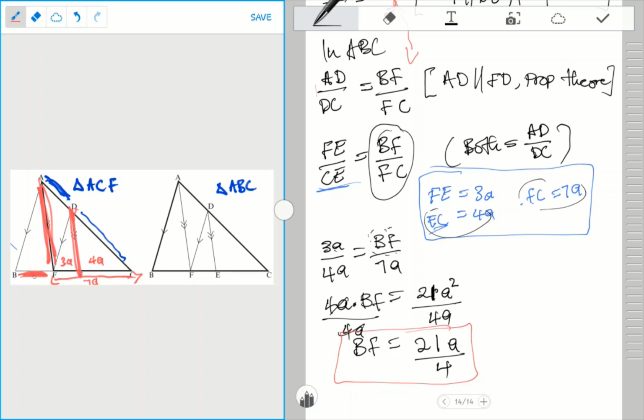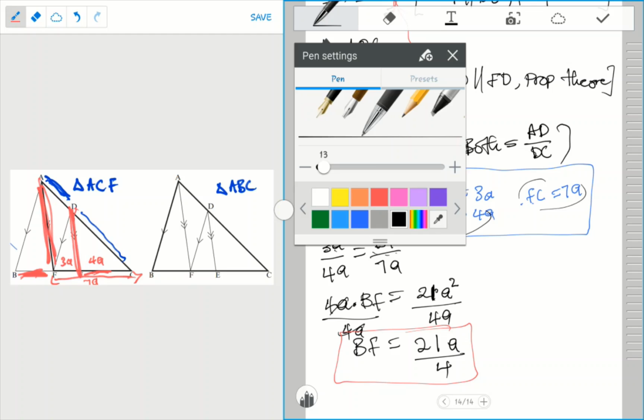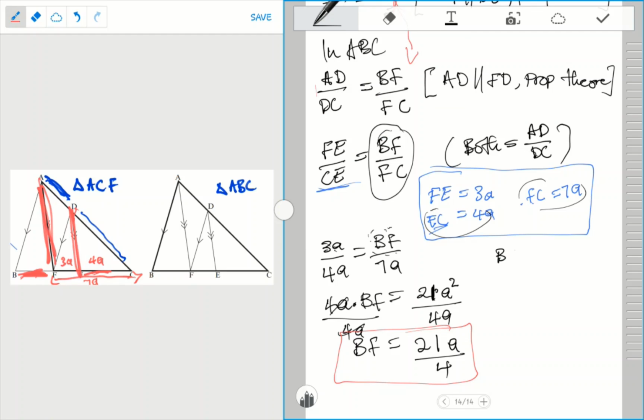Now they are combined, so we can take this one and also that one. We are going to say EC over BF is equal to, and mind you, now we have this value of BF, EC is 4 over 21A over 4. Okay, let me just write it on the next page.